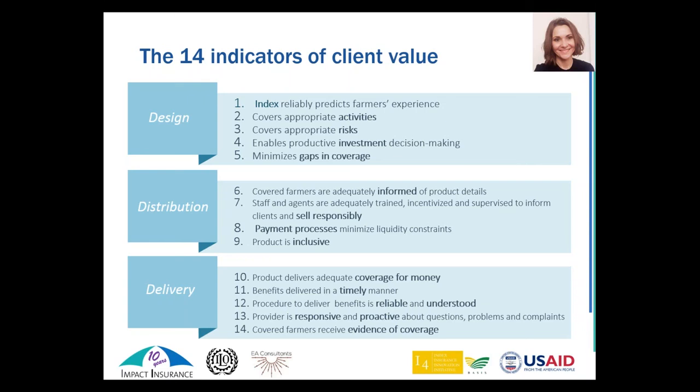So that's how we turned every indicator into something that can be really assessed on a pass-fail basis, and basically minimum analysis and investigations that should have been done before the product is launched to ensure that later on it will be able to bring value to clients.